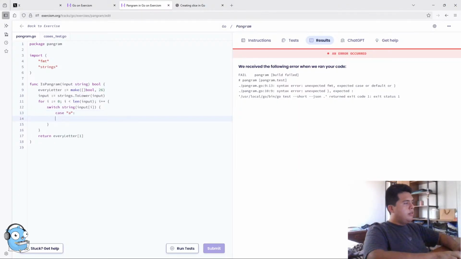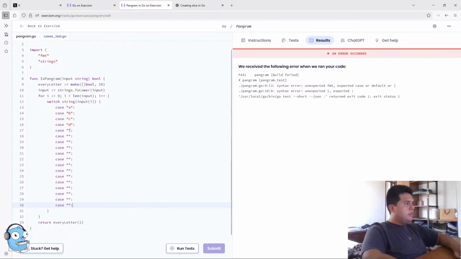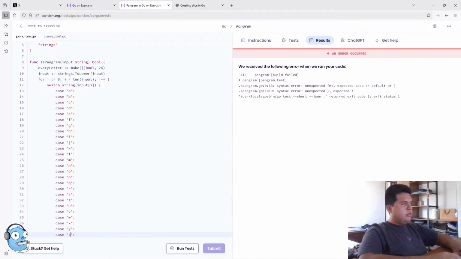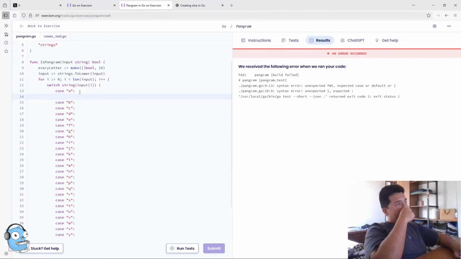Case A, case B, case C, case D. You know, a lot of cases: E, F, G, H, I, J, K, L, M, N, O, P, Q, R, S, T, U, V, W, X, Y, and Z. In the first case, every letter equals true.